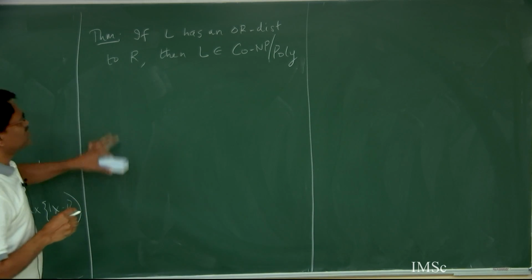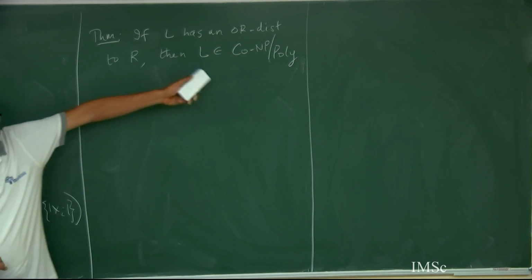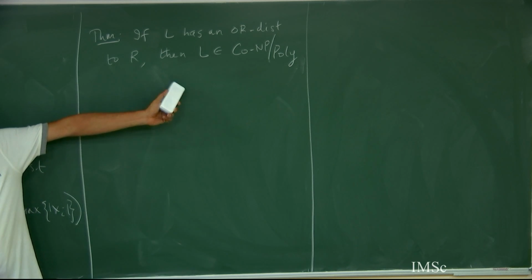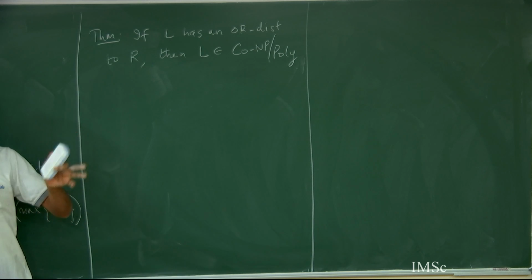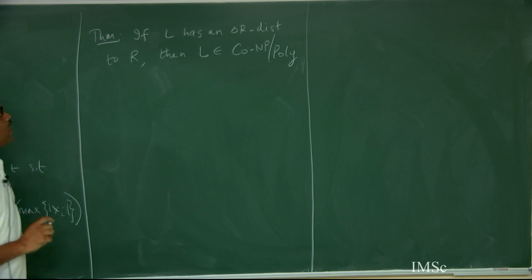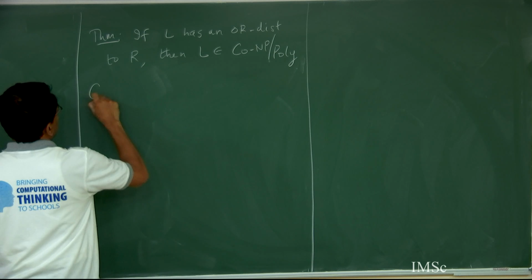And this proof is not very hard, you just need to understand this language, what co-NP means and what this polynomial advice is. Otherwise, it is just about 1 page or 1.5 pages and it is there in the book. But here is a corollary of it.